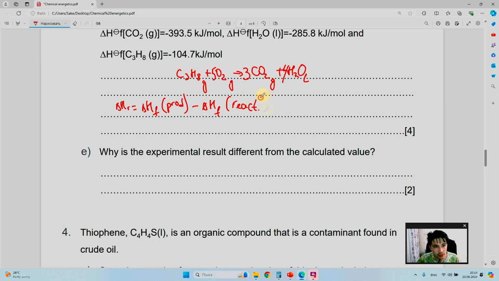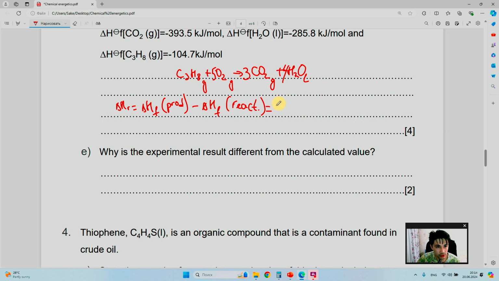Then I'm going to apply this formula, and I can double check myself just by looking at the value. It should be negative because this is a combustion reaction, which is an example of an exothermic reaction.